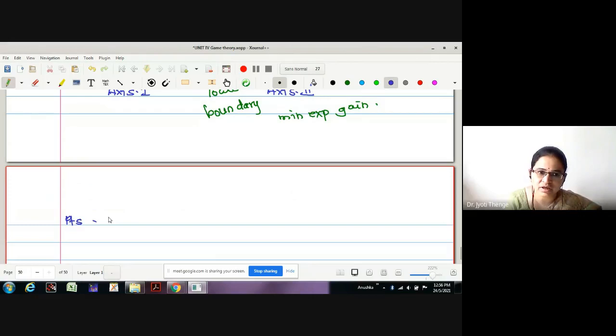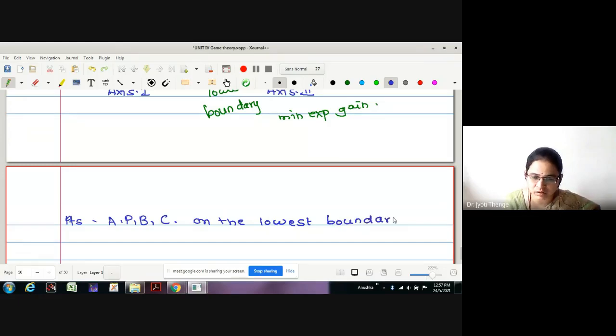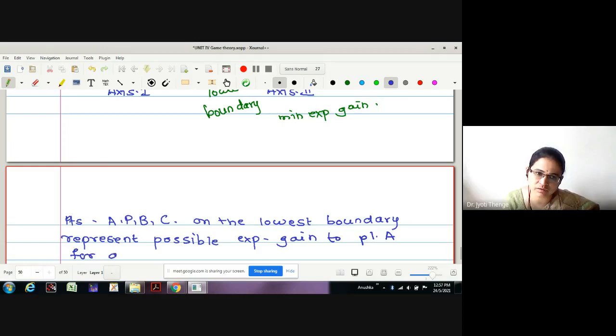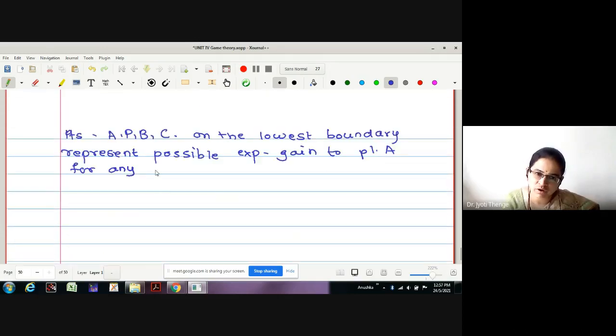Points A, P, B, C from the lowest boundary represent possible expected gain to player A for any value of x1 between 0 and 1.